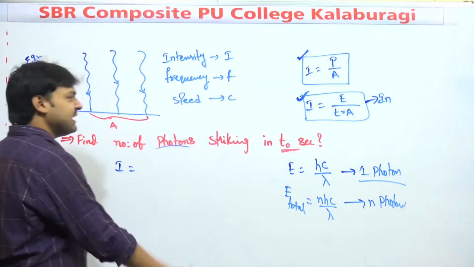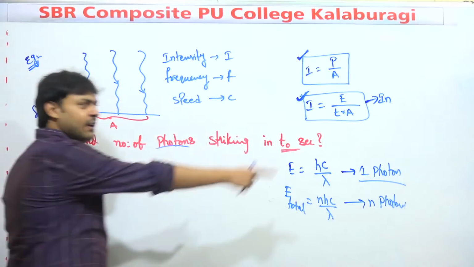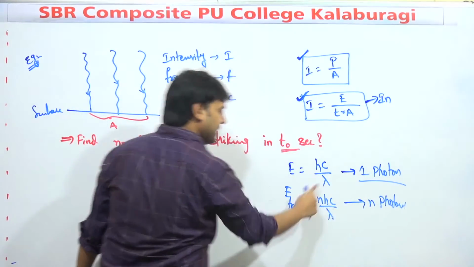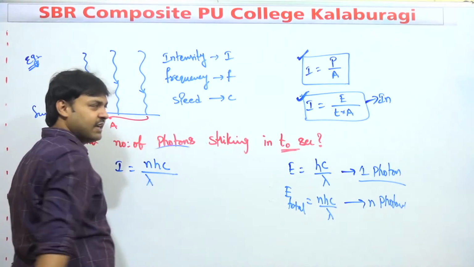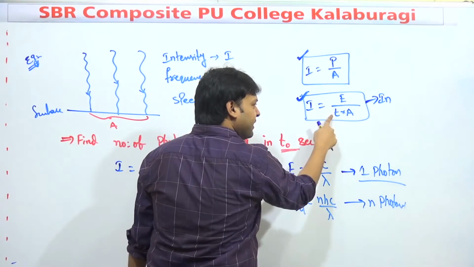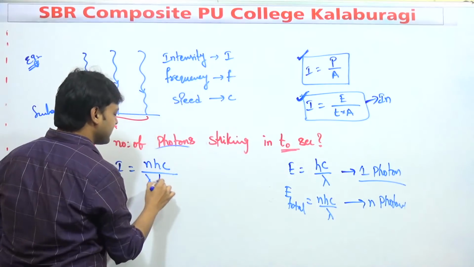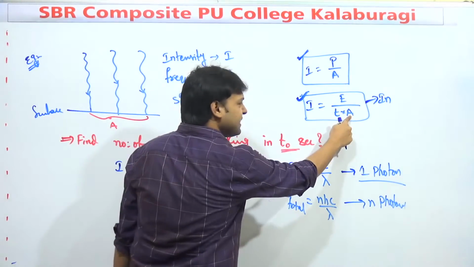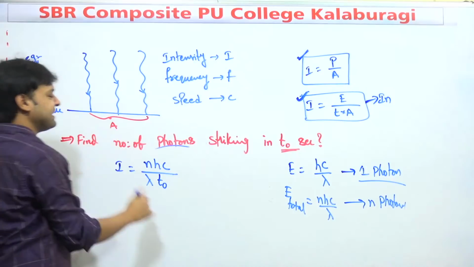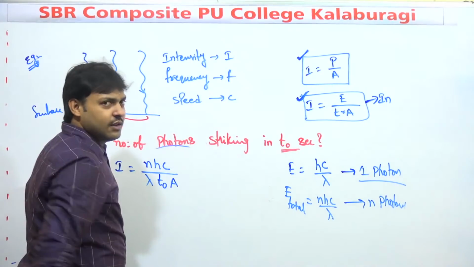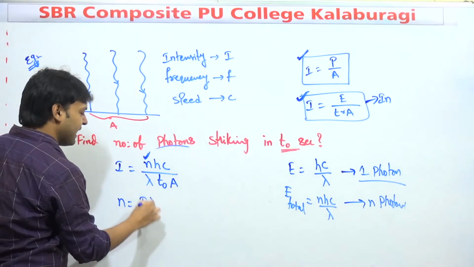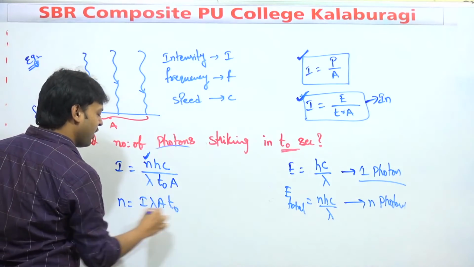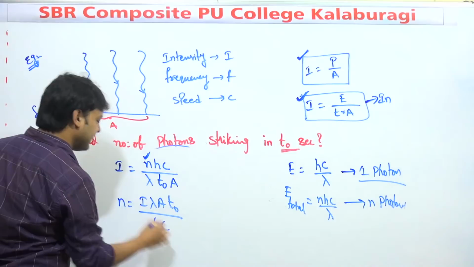So intensity is nothing but total energy, nhc by lambda, divided by the time, t0 seconds, and the area, which I consider as A. So the number of photons N is equal to I lambda A t0 divided by hc.